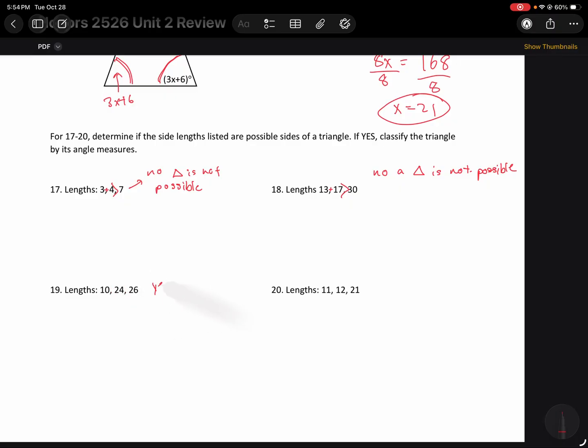Okay, so yes, a triangle is possible. And what kind of triangle? Well, if we do a squared plus b squared compared to c squared, we got 100 plus 576, and that will be equal to 676. So this is a right triangle.